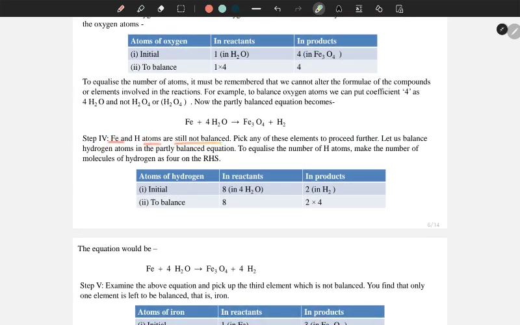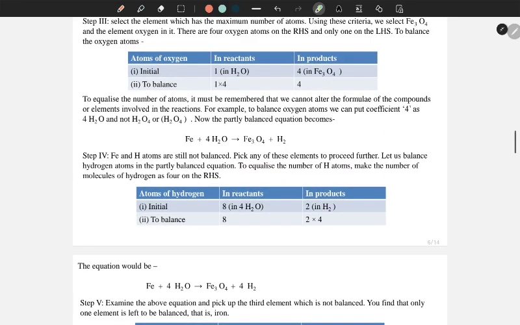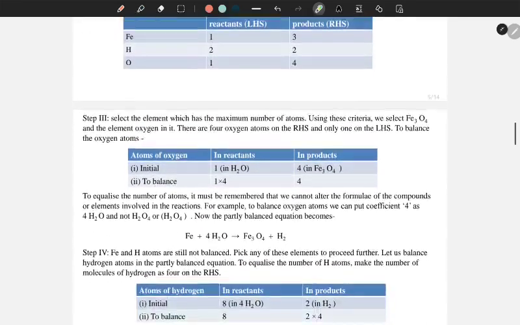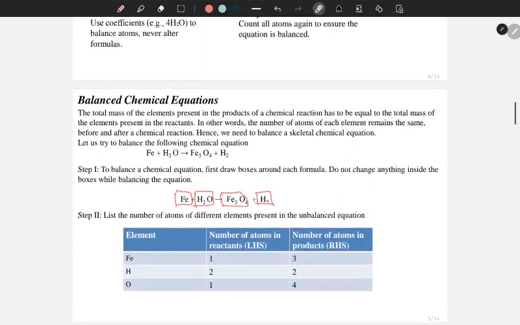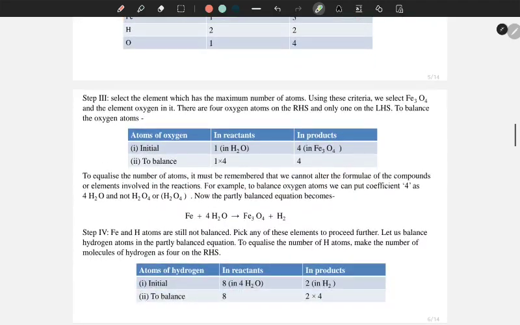Iron and hydrogen atoms are still not balanced, right? So now we have to balance either iron or hydrogen. Here, to equalize the number of atoms of hydrogen, we cannot take the main equation, so we have to take the partly balanced equation.